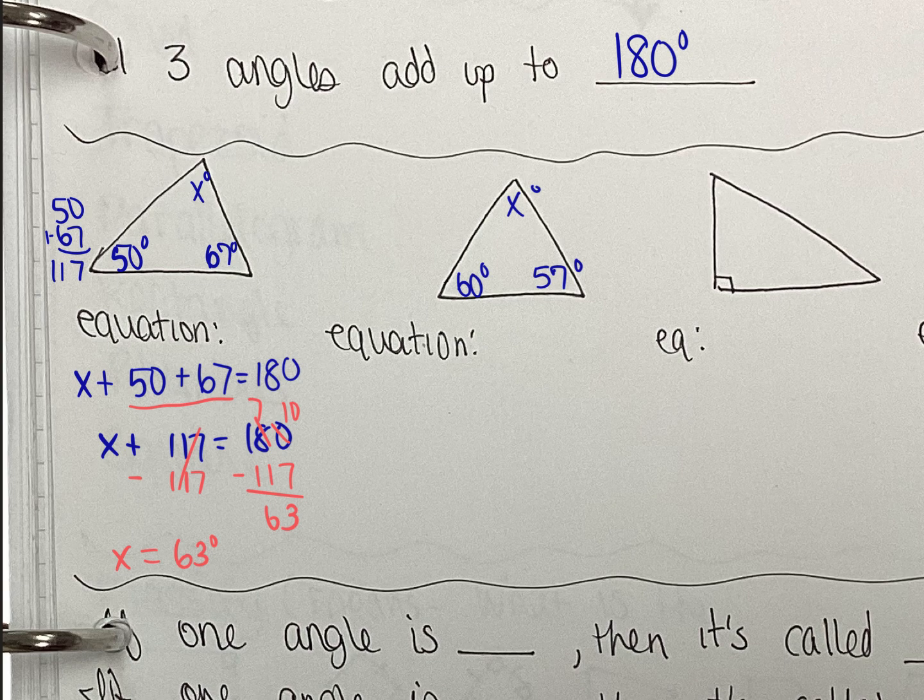Pause the video, write down your equation, solve your equation, and see if your answer matches mine. Oh my goodness, I just did the exact same question. This is silly. I did 117 again. So x is 63 degrees.